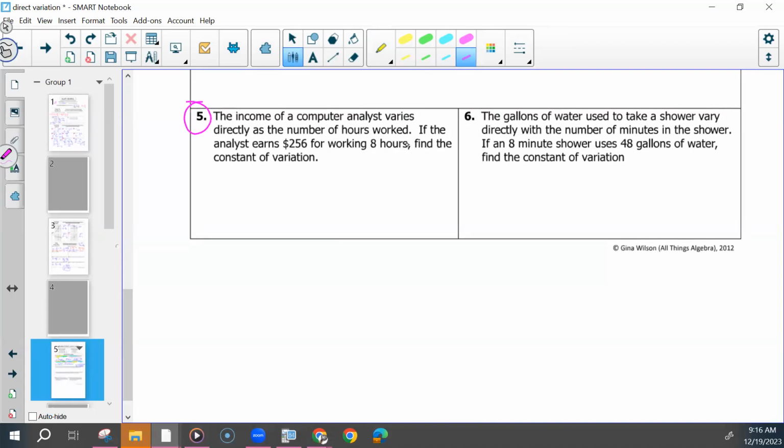So I heard 256 for working 8 hours. The income of a computer analyst varies directly. Find the constant of variation.